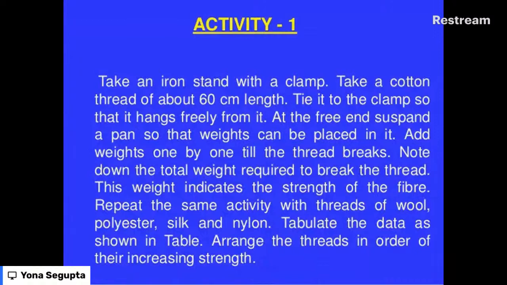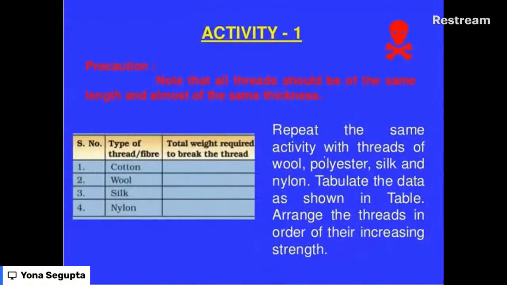Now this weight indicates the strength of the fiber. Now repeat the same activity with threads of wool, polyester, silk, and nylon. You can tabulate your observations in a table, which I will be showing you right here. Here you can note all the threads, but there is a precaution.